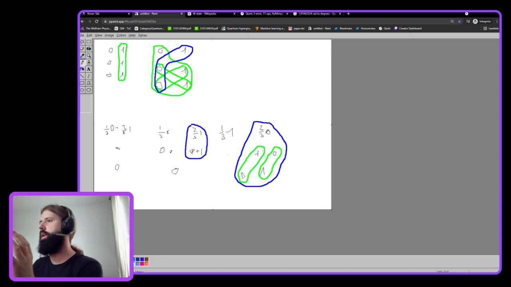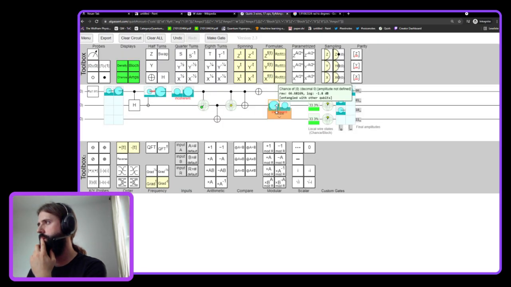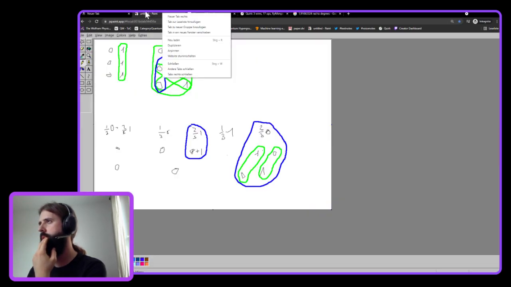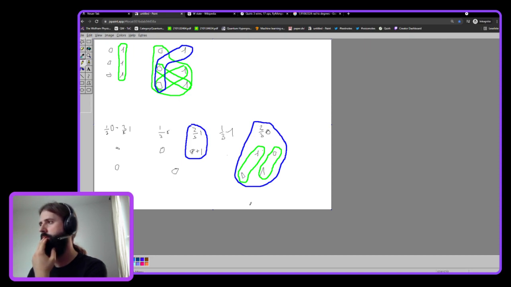So it's like 50% and 50%, right? But from these 50%, these kind of halves go here. So it's actually 2/3 and 1/3. That's literally, there's like two zeros and one one.